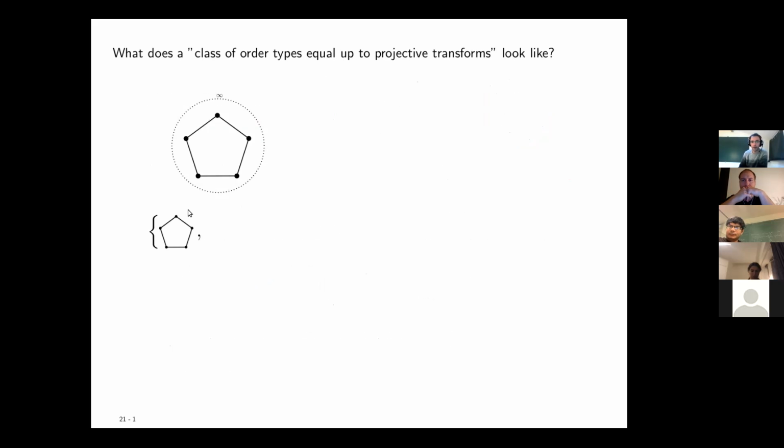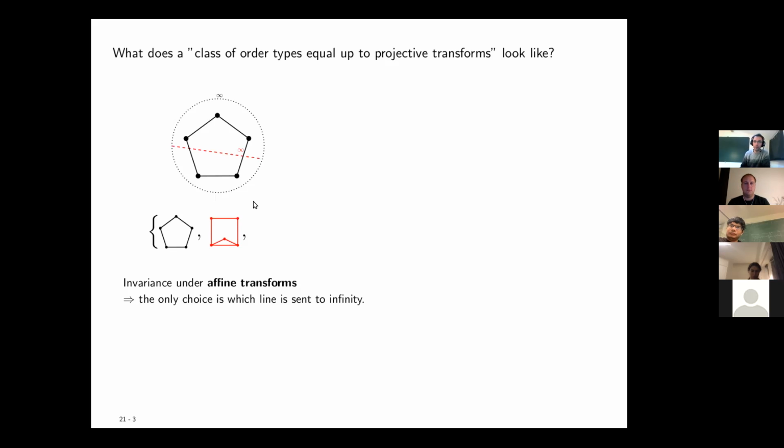I first have this order type with 5 points in convex position. Of course, if I apply an affine transform, nothing will change in the order type. The only thing that matters when I apply a projective transform is how the line that is sent to infinity divides the point set. I could divide it into 2 plus 3, in which case I end up with this order type.